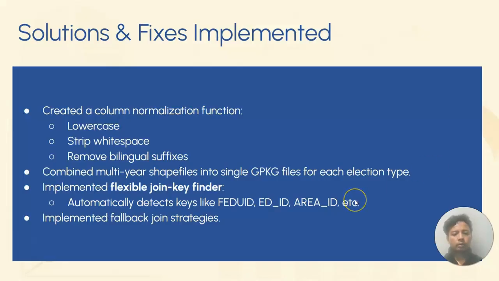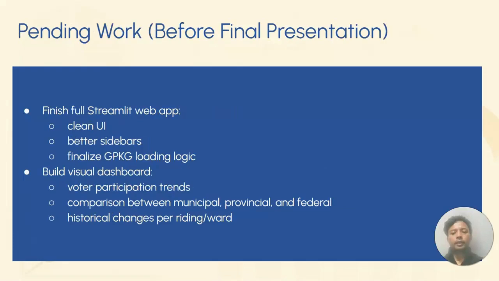For example, to overcome the join key inconsistency problem, we implemented a flexible join key finder, as we saw in the code. We used multiple columns instead of just one column like ID, because different datasets have different types of join keys. Similarly, we combined the multiple shape files into a single GPKG file.